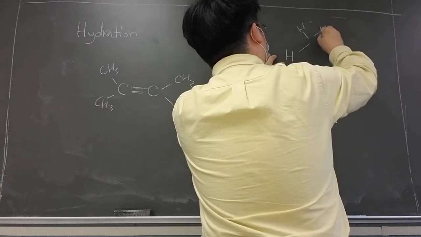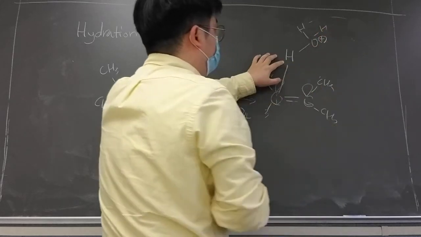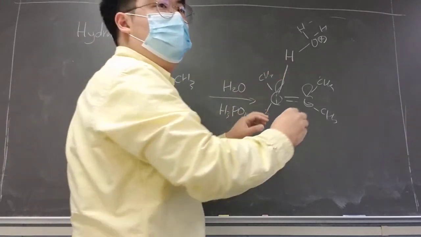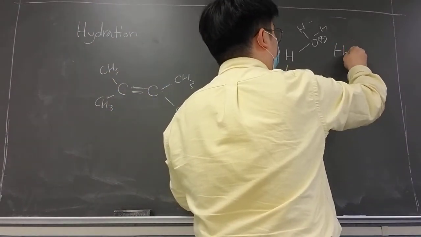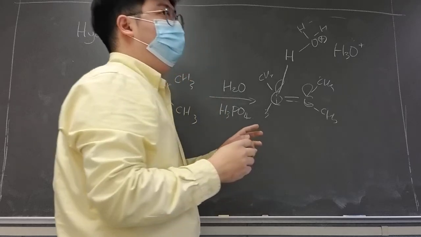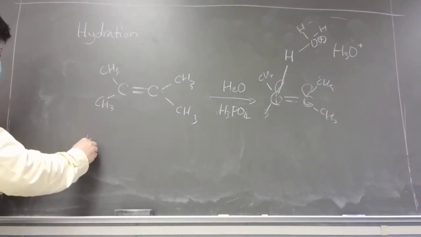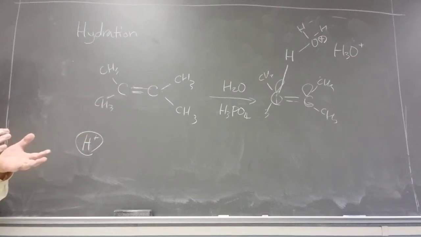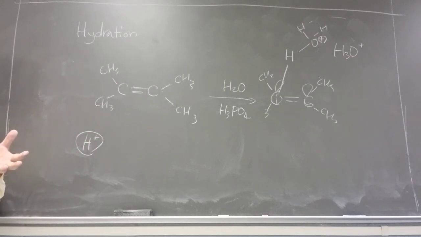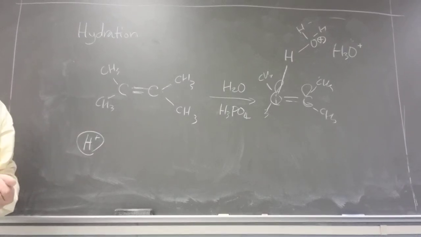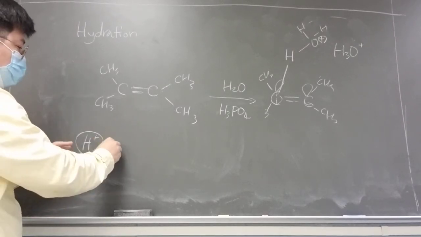This one. Do you guys remember what this is? So in the Arrhenius definition, you have a lot of protons, right? That will make your acidic condition, right? But if you use the Bronsted-Lowry definition, you have to deal with water.